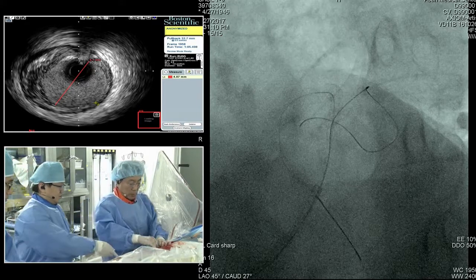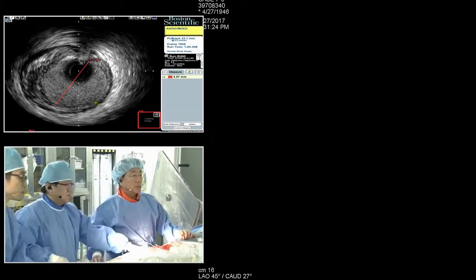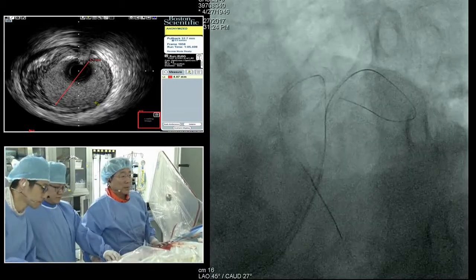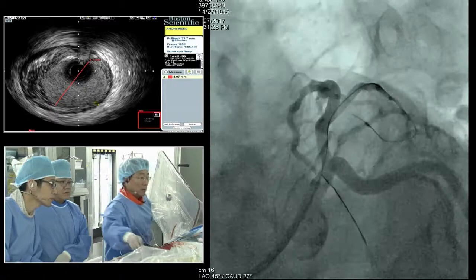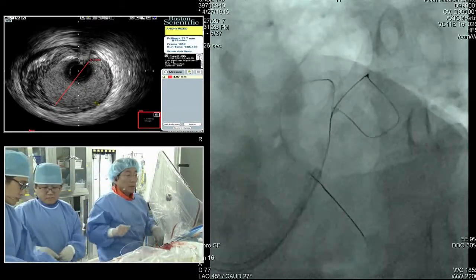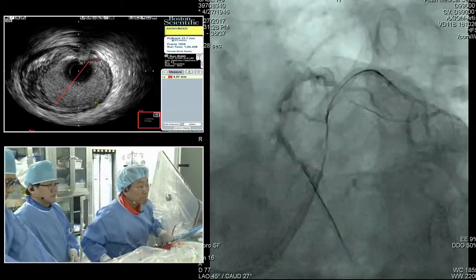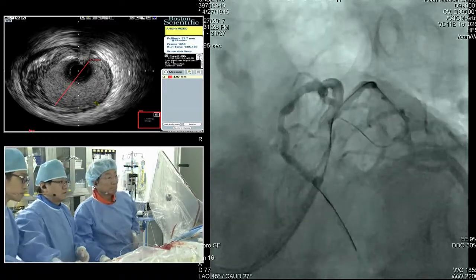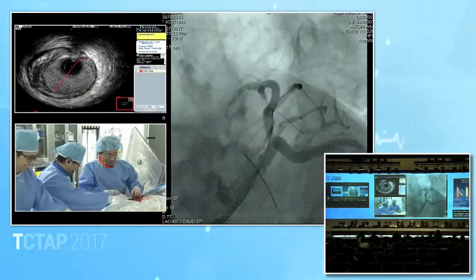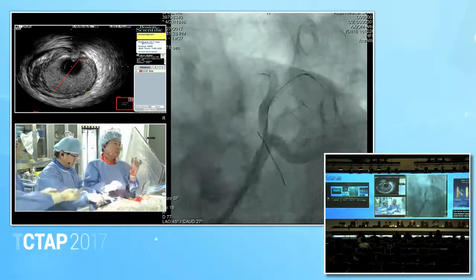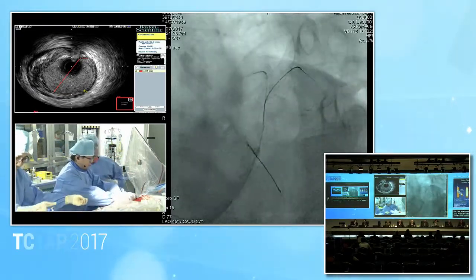I removed the whole non-compliant balloon system and take a picture first. Okay. What do you think? Very nice. We check with IVUS. Angiographically, I think it's almost perfect.